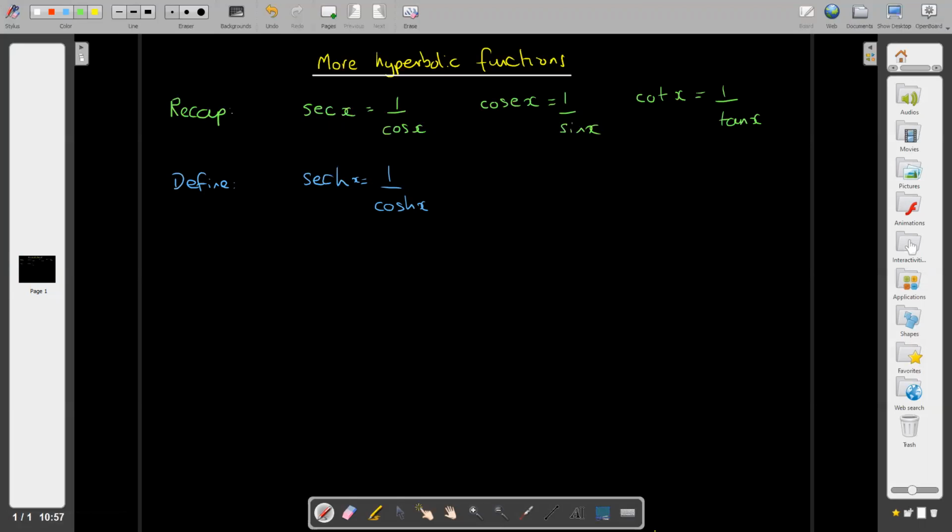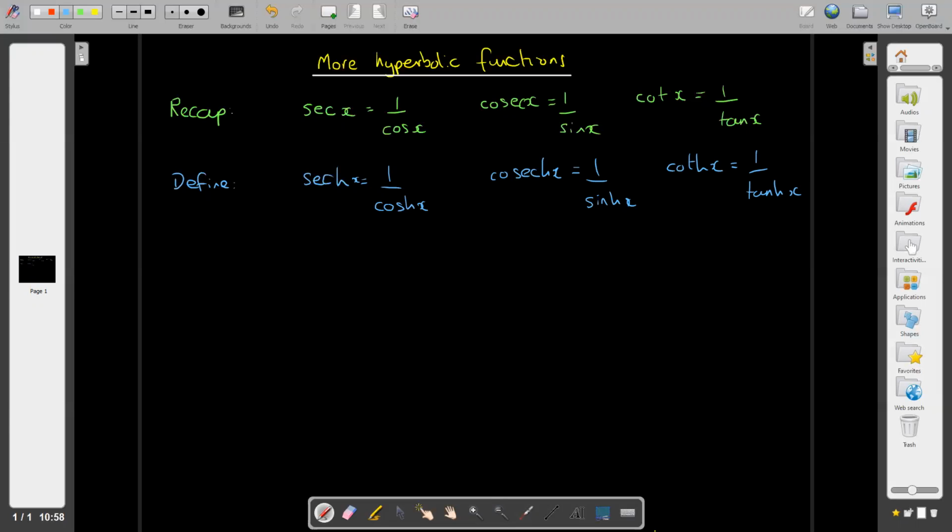Cosech x would be 1 over hyperbolic sine. And coth x is going to be 1 over hyperbolic tangent x. Those are the definitions we're going to think about.